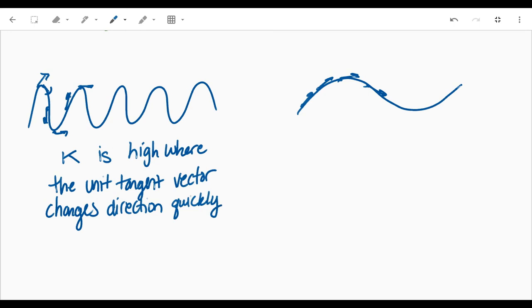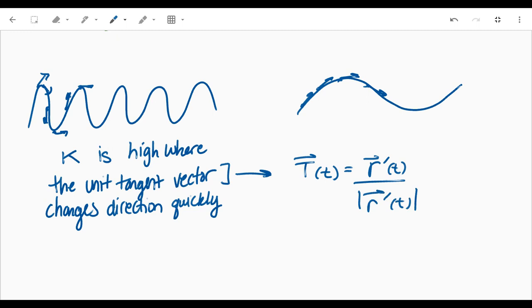Remember that your unit tangent vector T of little t is r prime of t over the magnitude of r prime of t. So where dT/ds, and s is where you are on the arc length. Where the unit tangent vector is changing quickly with respect to the distance along the curve, the arc length, that's your curvature.